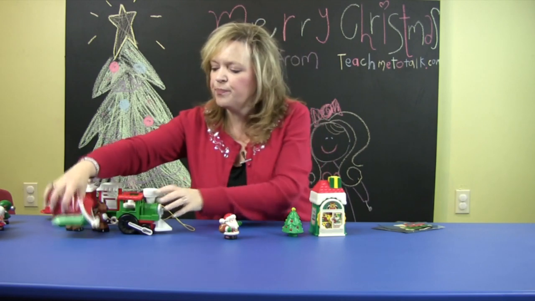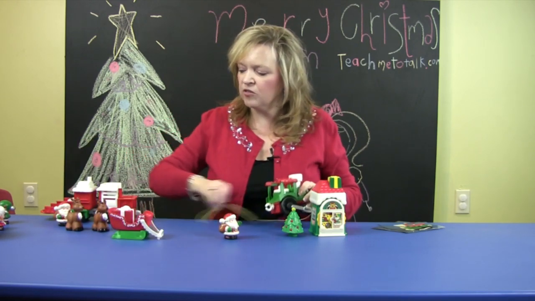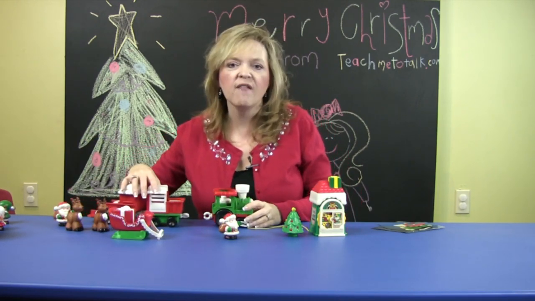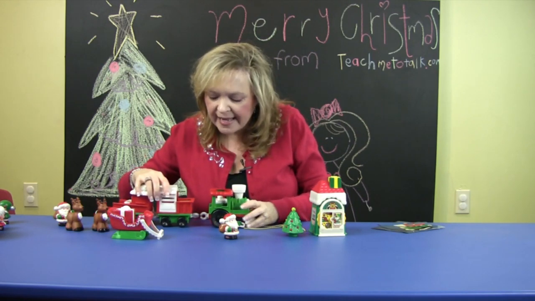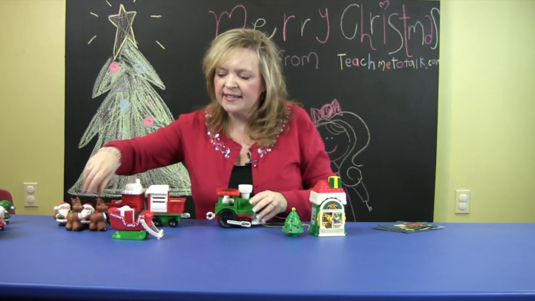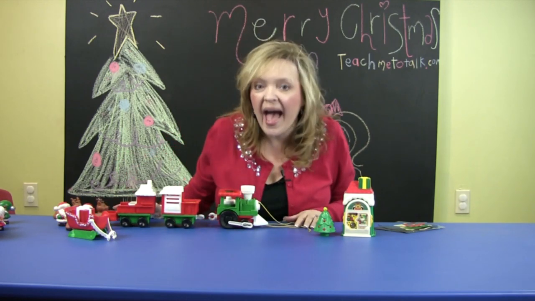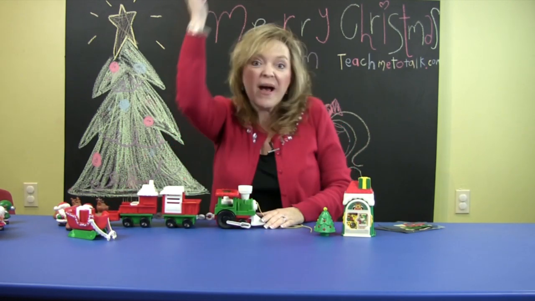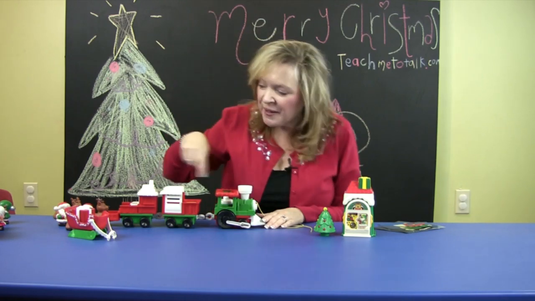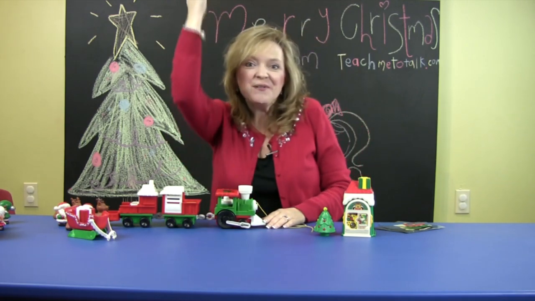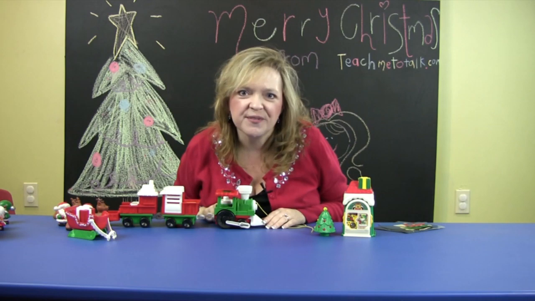Now, this play set is really cool because there are lots of different things you can do. You can work on verbs with hooking, and how I might do that is talk about the choo-choo, and I would say something like, wow, see? It's my choo-choo. Look, choo-choo. What's choo-choo say?